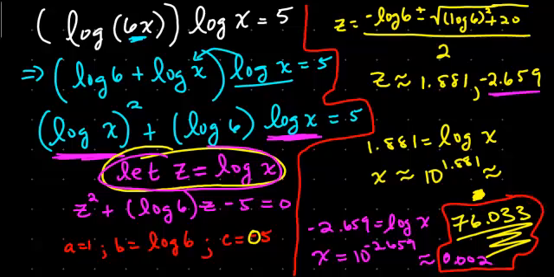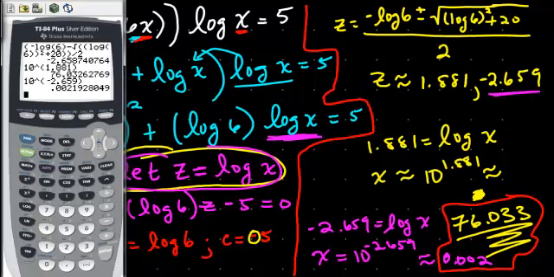That is, I could plug x equals 0.002 in here and in there, and I should get about 5. Let's check that and make sure.